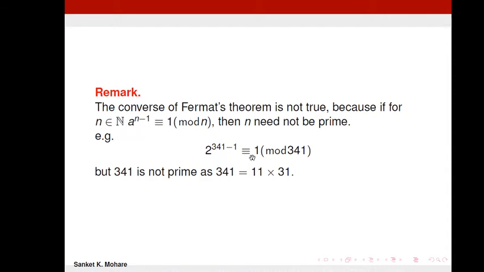This is congruent to 1 modulo 341, but 341 is not prime as it is factorized as 11 into 31. So that's why the converse of Fermat's theorem is not true. Whenever a to the power n minus 1 is congruent to 1 modulo n, it doesn't mean n is prime. It means the converse of Fermat's theorem need not be true.